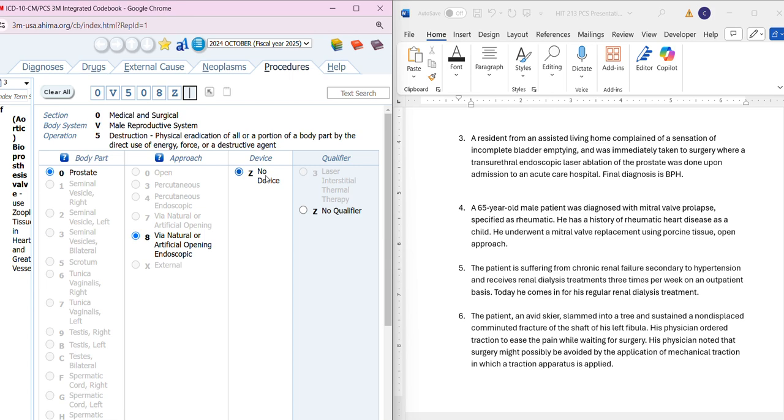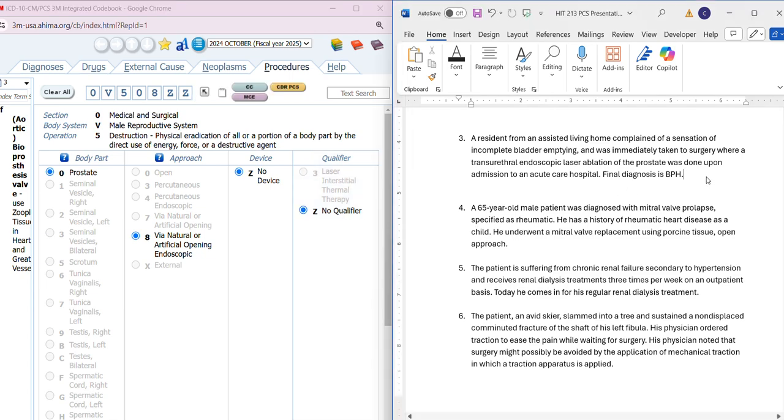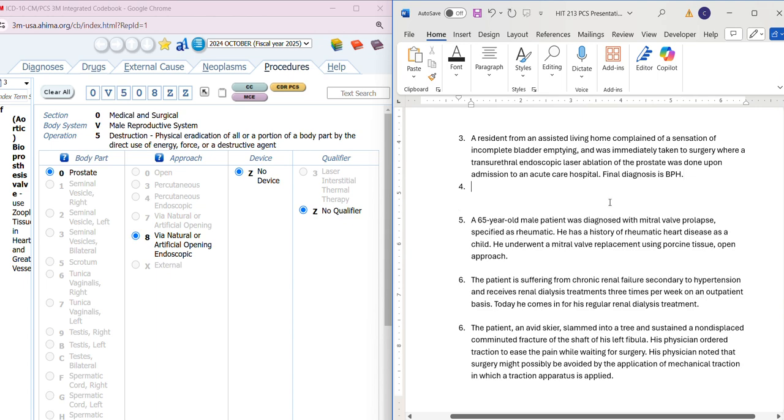And there are no devices, and there are also no qualifiers. So the code for number 3 is going to be 0V508ZZ. All right, on to number 4.